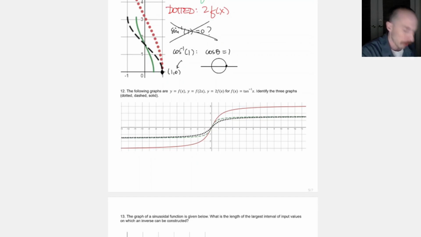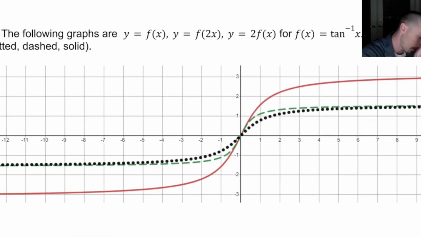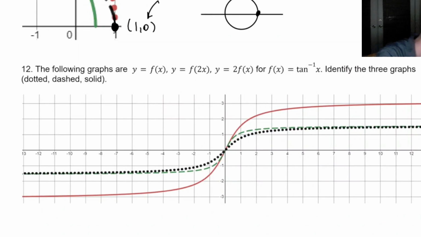Another one. Great. Now arctangent, I would start with the horizontal asymptote. Ooh, that's a little tricky. The one that has twice the horizontal asymptote is going to be 2f of x.